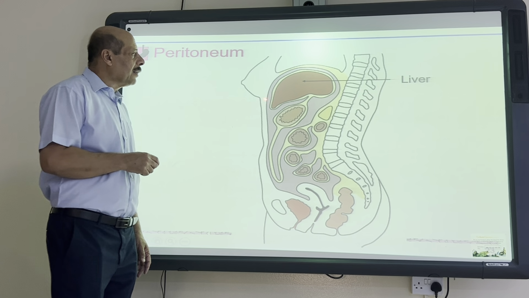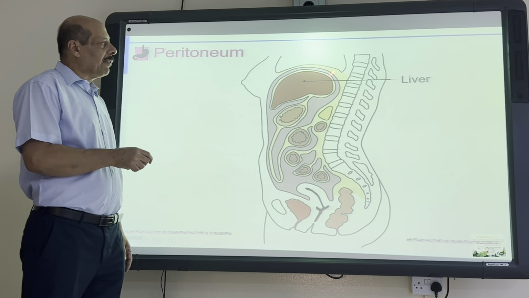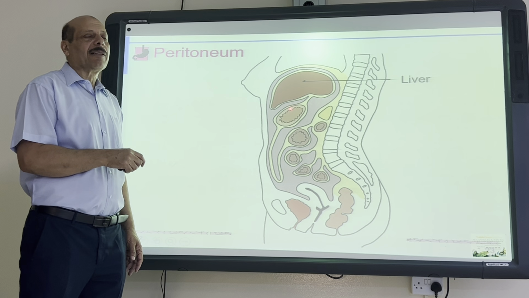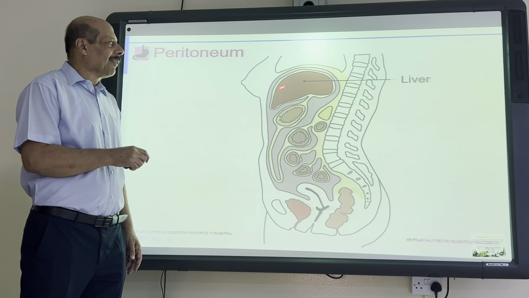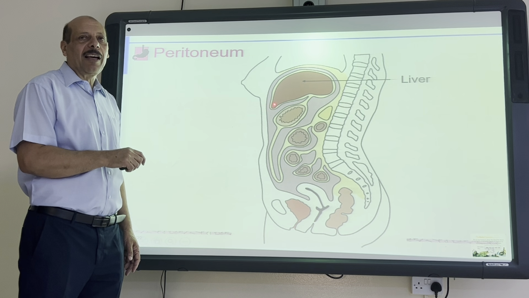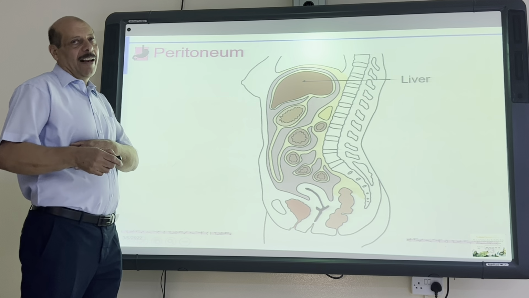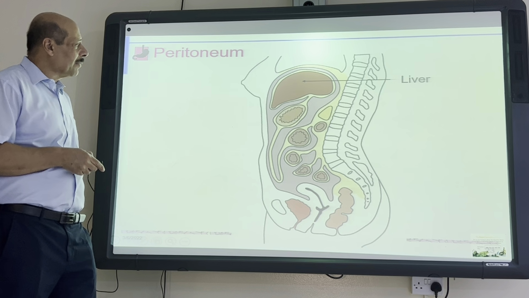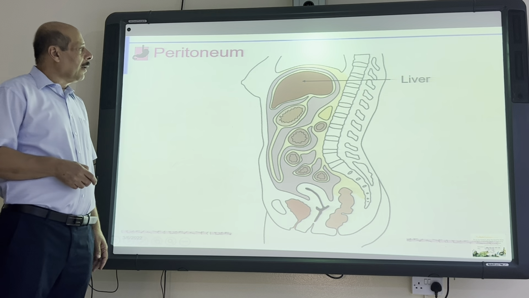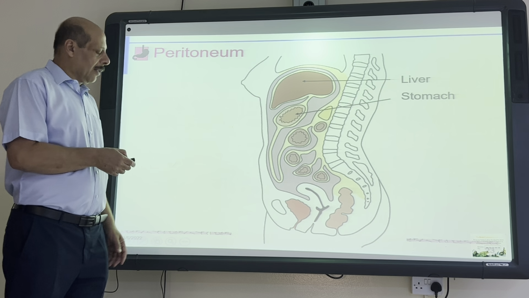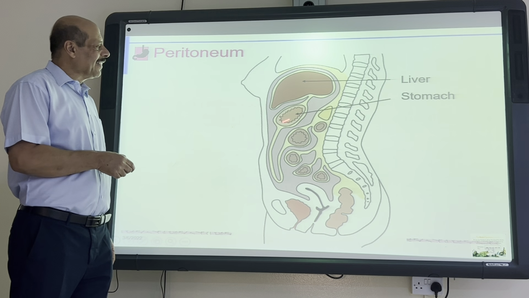Here in the upper part, is it the left side or the right side? Is the liver on the left side or the right side? It is on the right, toward the right side. It is under the diaphragm. And here, the stomach in this section.